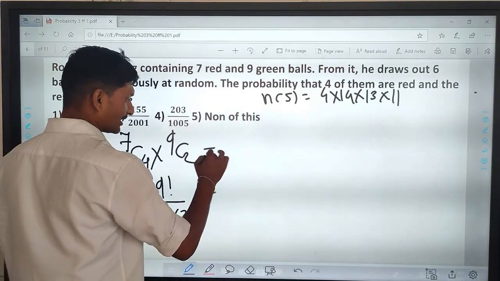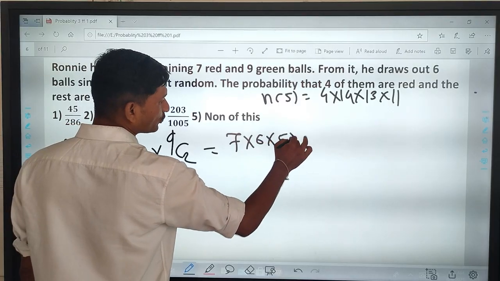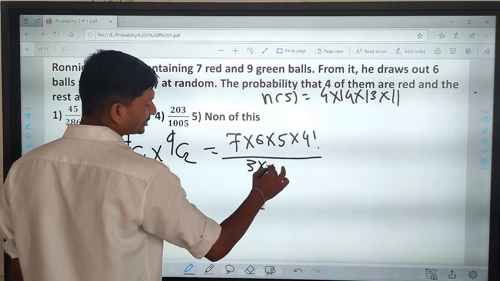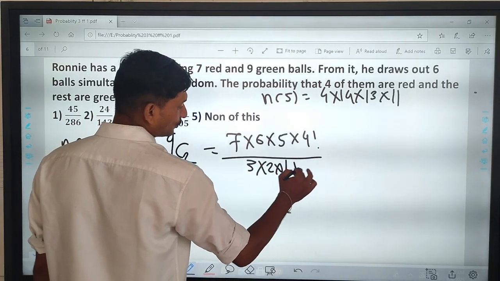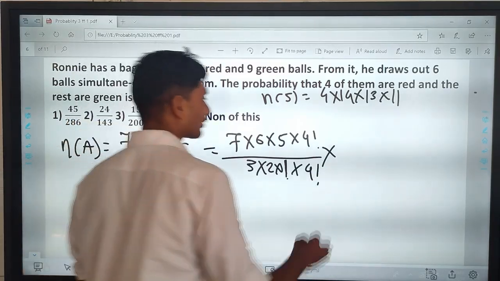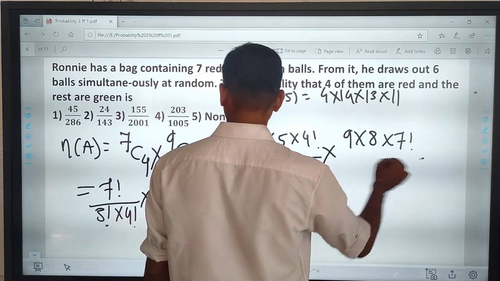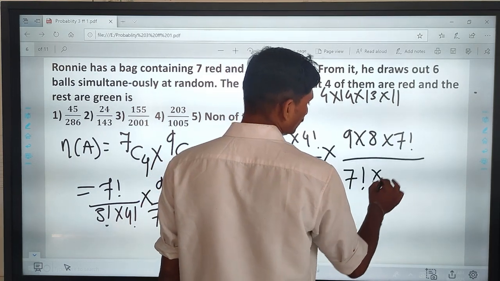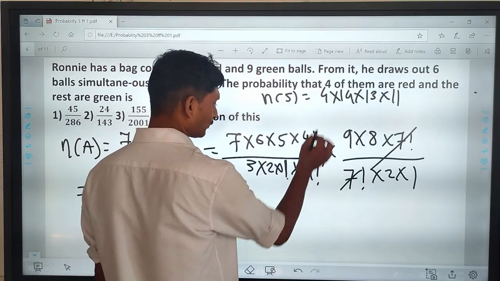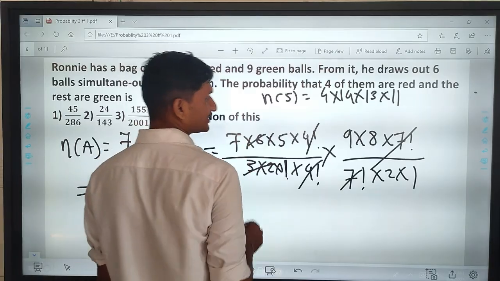Here 7 factorial means 7 into 6 into 5 into 4 factorial divided by 3 factorial means 3 into 2 into 1 into 4 factorial, and 9 factorial means 9 into 8 into 7 factorial divided by 7 factorial into 2 into 1. 7 gets cancelled, 4 gets cancelled. Here 2 into 3 is 6.